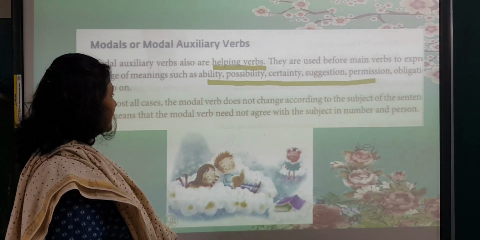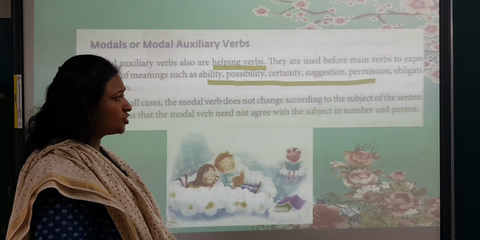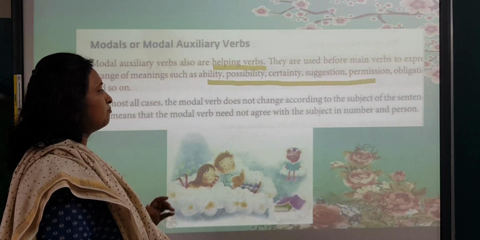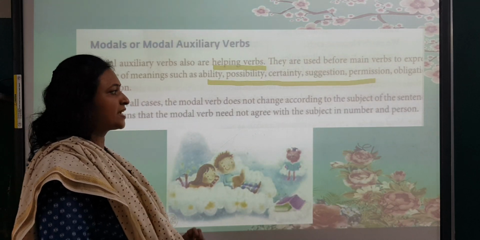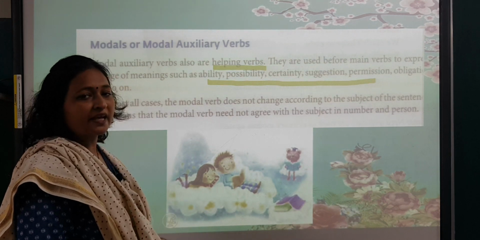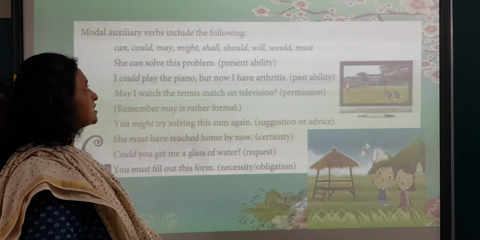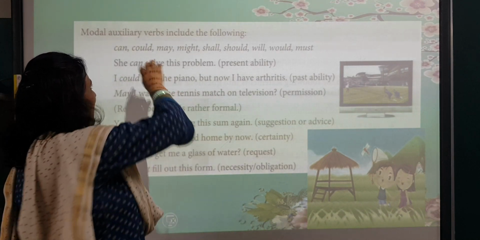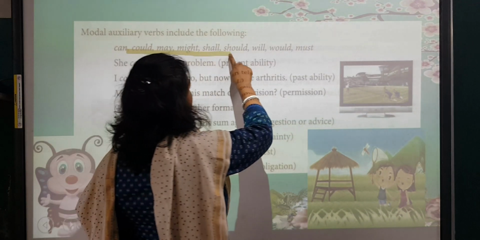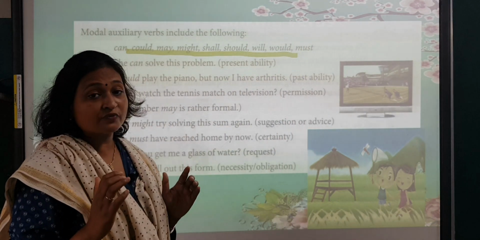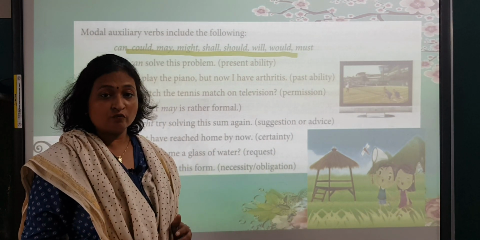In almost all cases, the modal verb does not change according to the subject of the sentence. This means that a modal verb need not agree with the subject in number and person. Modal auxiliary verbs include can, could, may, might, shall, should, will, would, must.